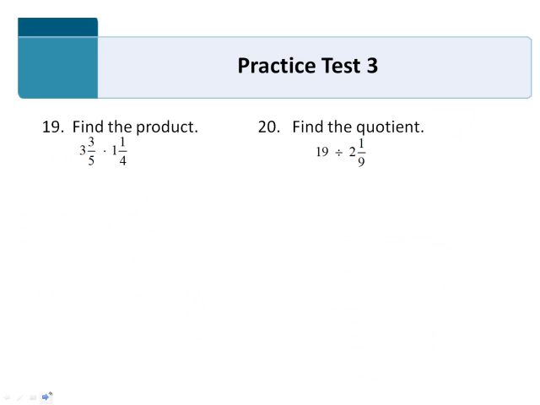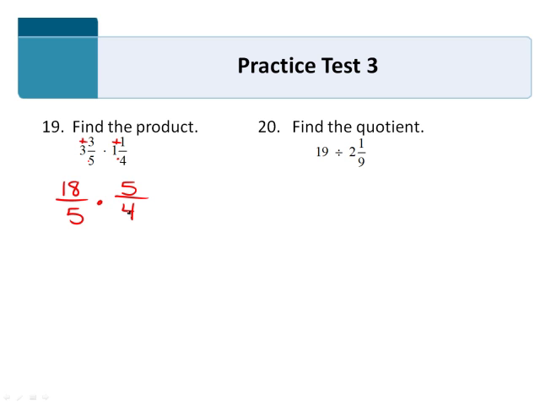All right, number 19. Find the product. Same thing. Whenever we're dealing with mixed numbers, first step, change them to improper fractions. Multiply, add. So 5 times 3 is 15, plus 3 is 18 over 5, times 4 times 1 is 4, plus 1 would be 5 over 4.